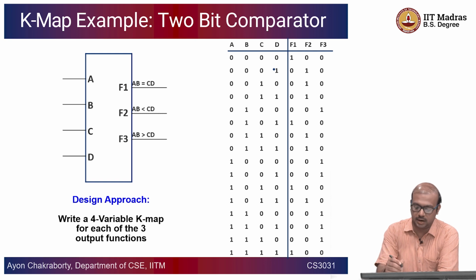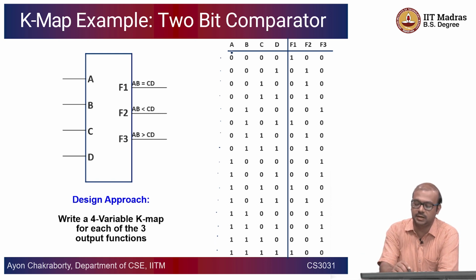As I told you, there are a total of 16 different rows for various input combinations. You can count 1, 2, 3, 4, 5, 6, 7, 8, 9, 10, 11, 12, 13, 14, 15 and 16. And all the 16 combinations we are representing in an incrementing order.